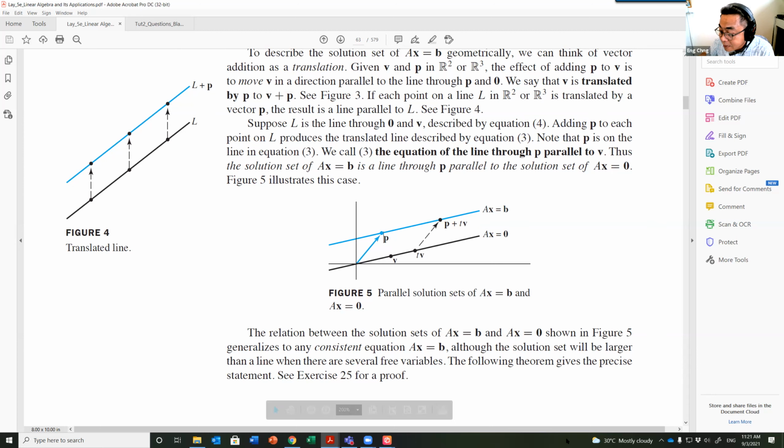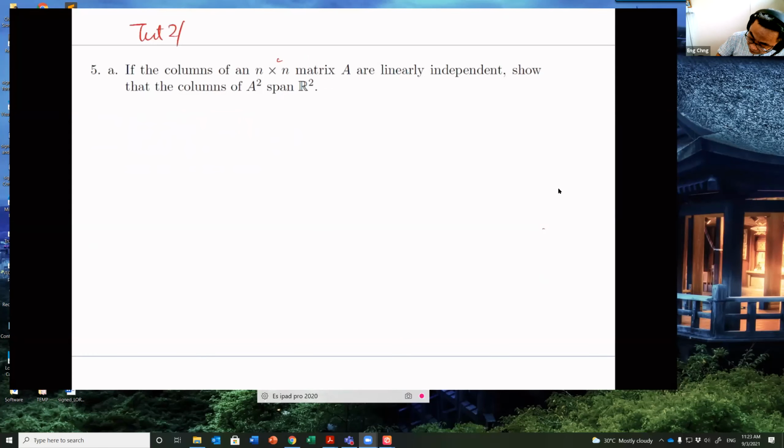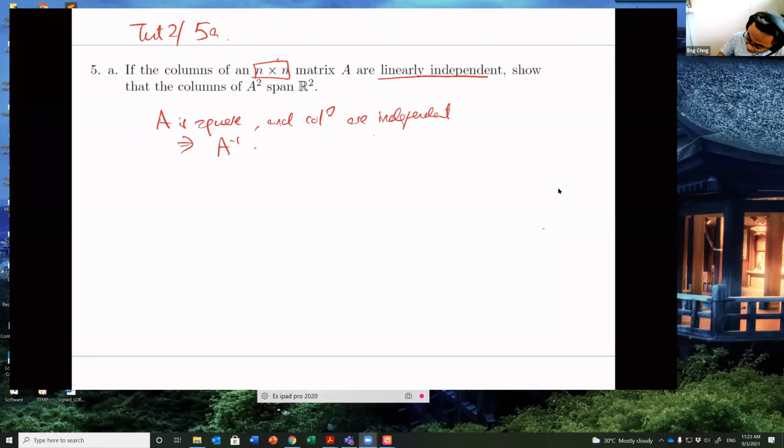Okay, again, I will pause now. All right, so we are now in tutorial 2, 5a. The columns of a square matrix are linearly independent. So by the invertible matrix theorem, when we are told that A is square and the columns are independent, this implies that A inverse exists.